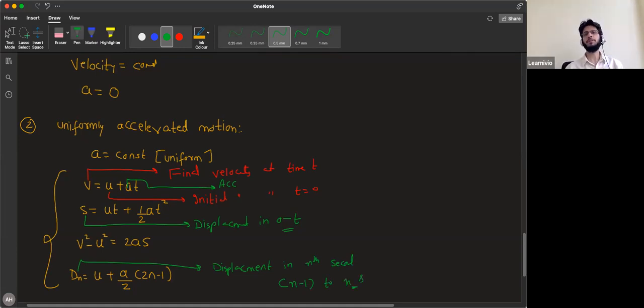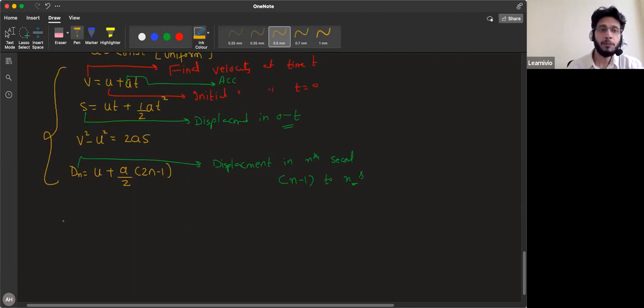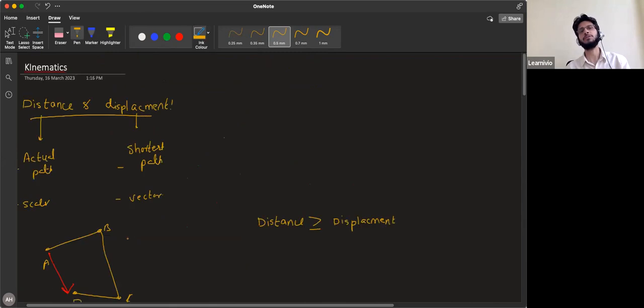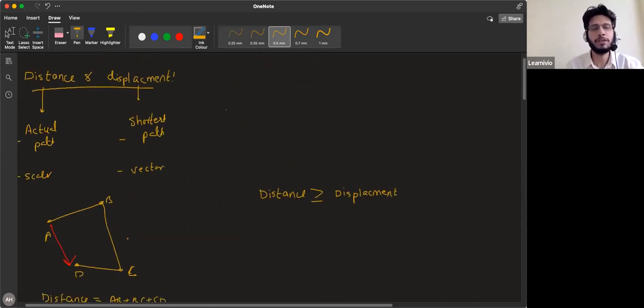The rest of the terms are same. So this you will use when your motion is uniformly accelerated. If motion is non-uniformly accelerated, then you can't use any of these equations. Okay, just note it down up to here. Then we will study non-uniformly accelerated portion. Note it down, please. And please write it faster.